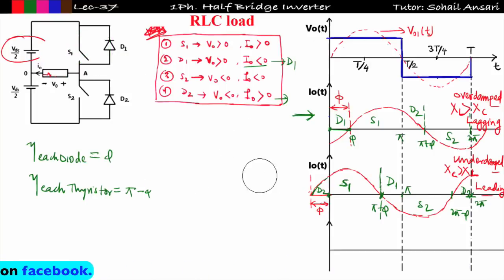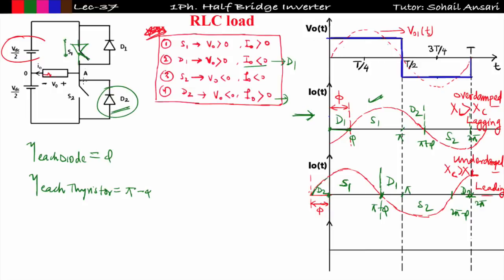Why? In lagging load, I already explained that when S1 is conducting, let us say this is a thyristor, and after pi, D2 will start to conduct. This D2 is not responsible for reverse biasing S1.